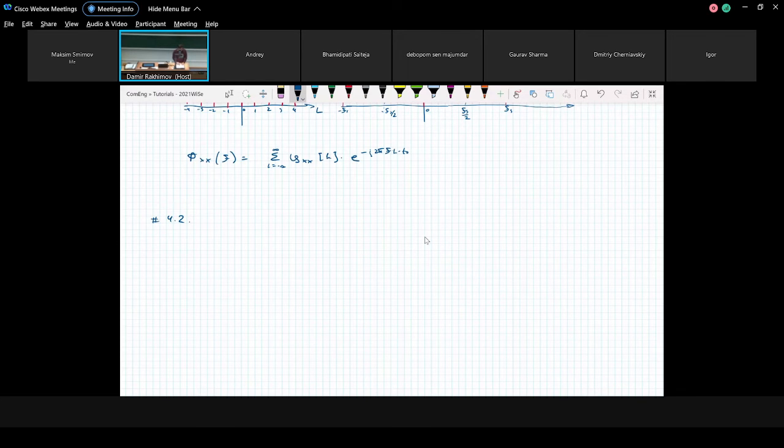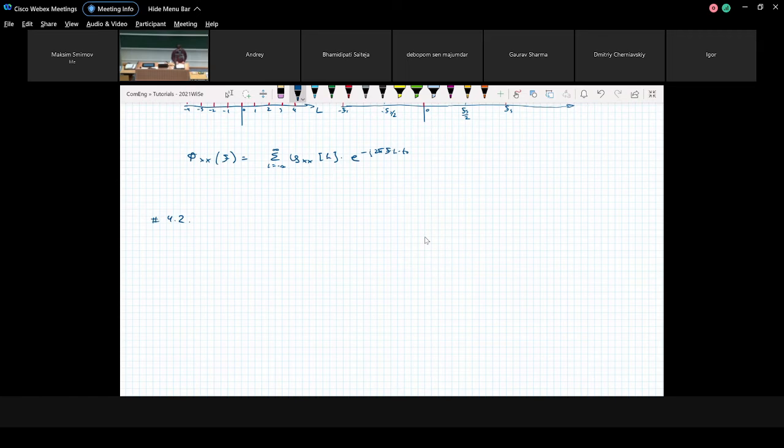Then we need to determine the absolute value squared of the transfer function. And then we need to plot the probability mass function.